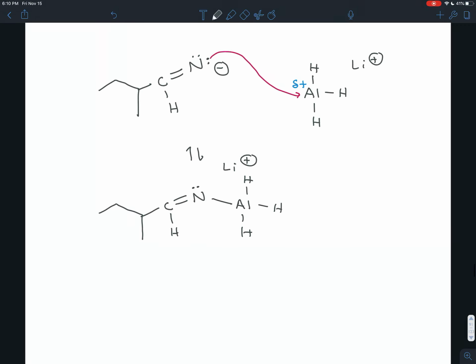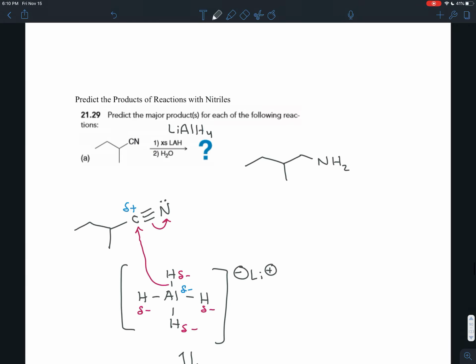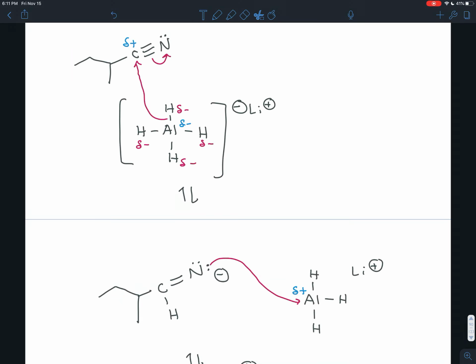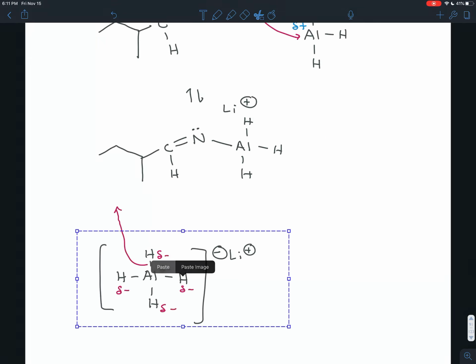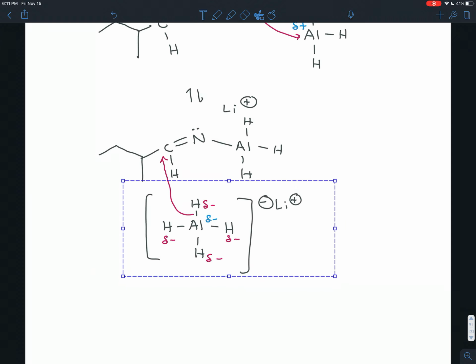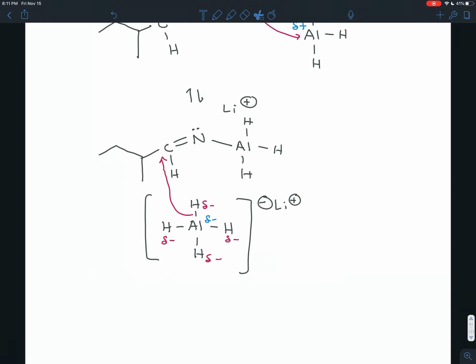Well, so far we've added 1 of the hydrogens. We have excess lithium aluminum hydride. And so another lithium aluminum hydride molecule could sweep in and attack the carbonyl carbon. Just like before, the carbonyl carbon is still double bonded to an electronegative element, so it's still slightly positive.